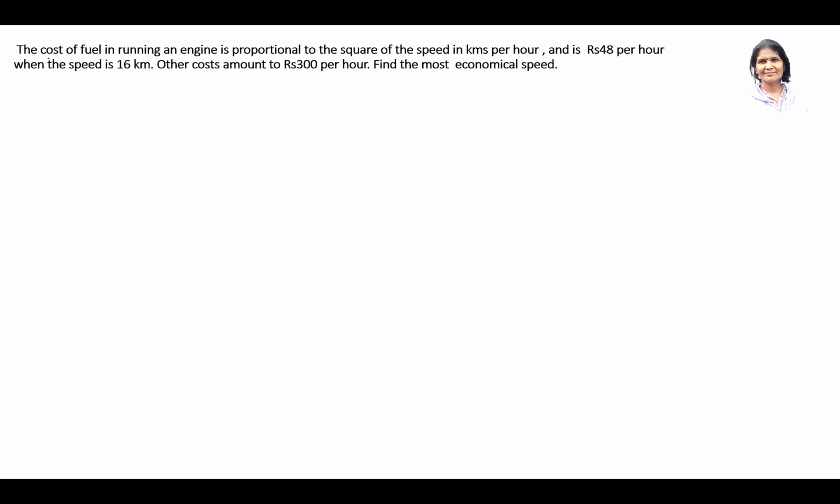Again, the cost of fuel in running an engine is proportional to the square of the speed in kilometer per hour. It is given that it is rupees 48 per hour when the speed is 16 km. Other costs amount to rupees 300 per hour. Find the most economical speed.